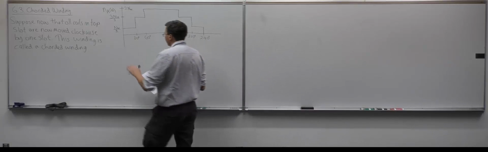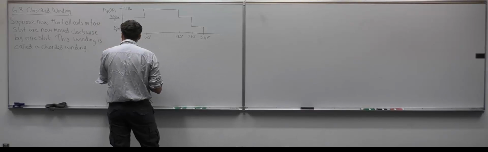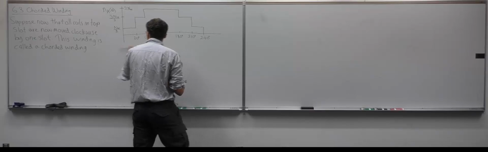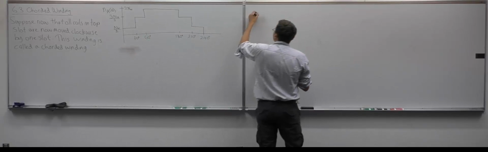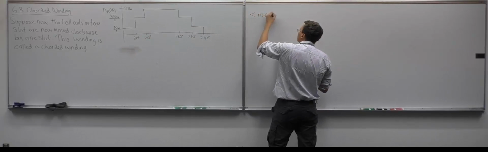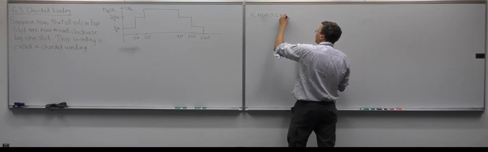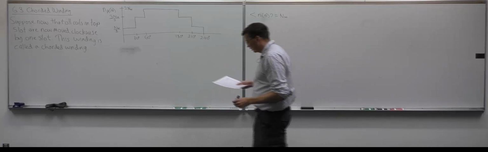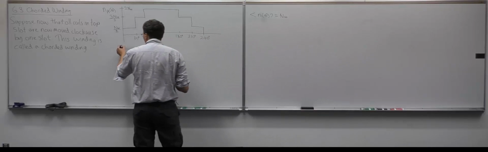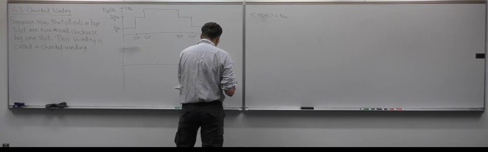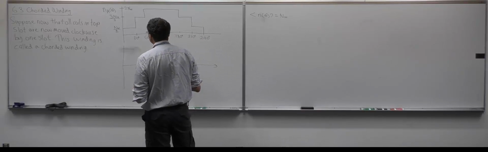The average of the turns function is equal to NW in this case, and so then we can plot the winding function.